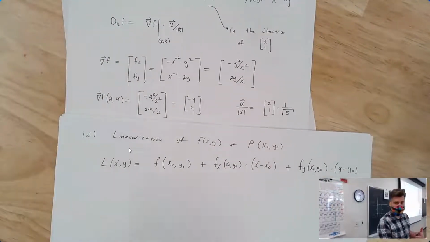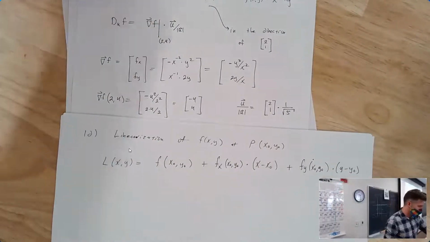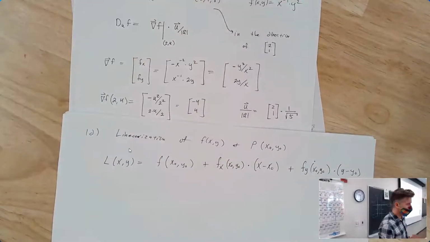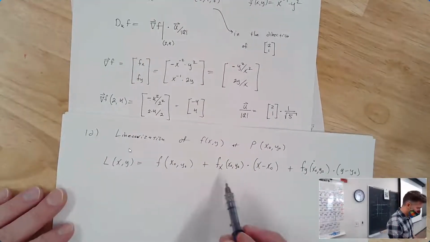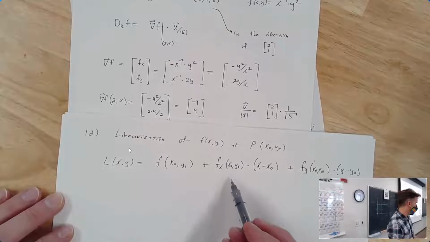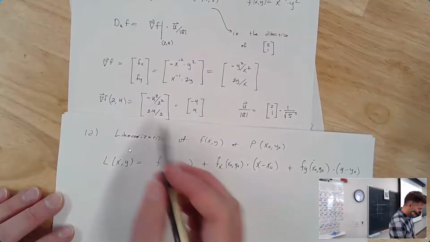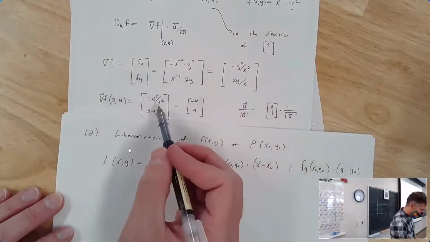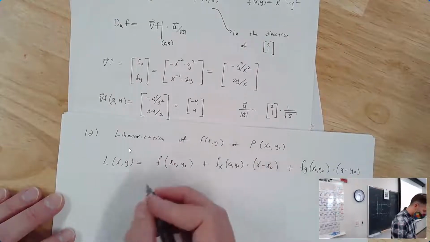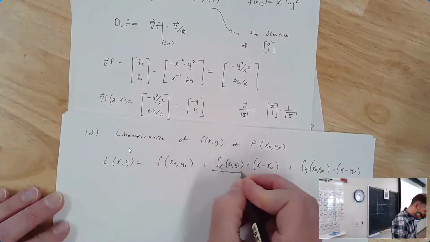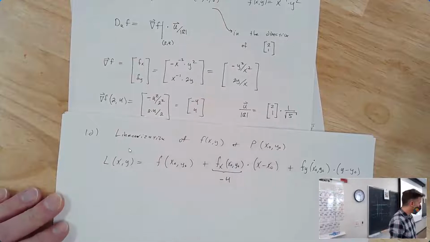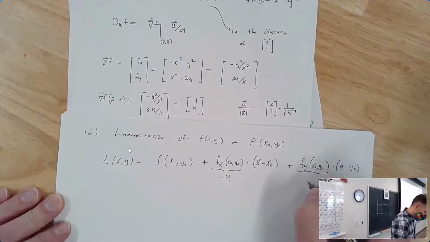So one thing to keep in mind when you're taking a test is don't repeat your work if you don't need to. Like I was about to go find the partials of fx and fy again, but I don't really need to do that. I've got them right there, and I've even plugged in the values. So I know that this part here should be -4, and this part here should be +4.